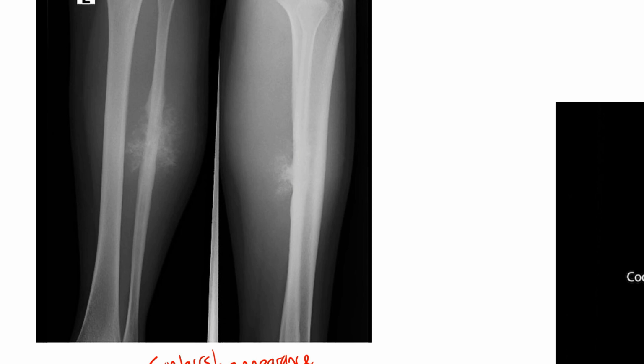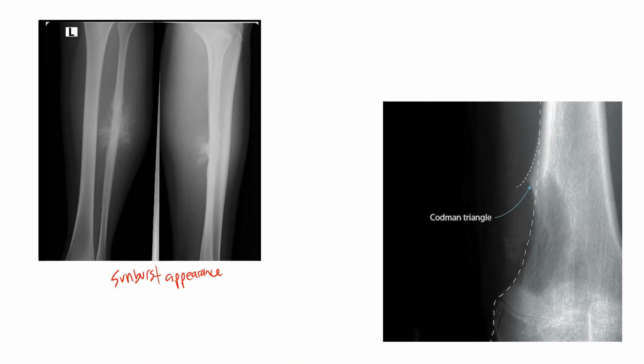So what does it mean by sunburst? It means that it literally looks like sun rays. Right here, it literally looks like a sun with the sun rays shining from it. If you ever look directly at the sun, it can look similar to what's going on right here. That's called the sunburst appearance, and that is very common in osteosarcoma.